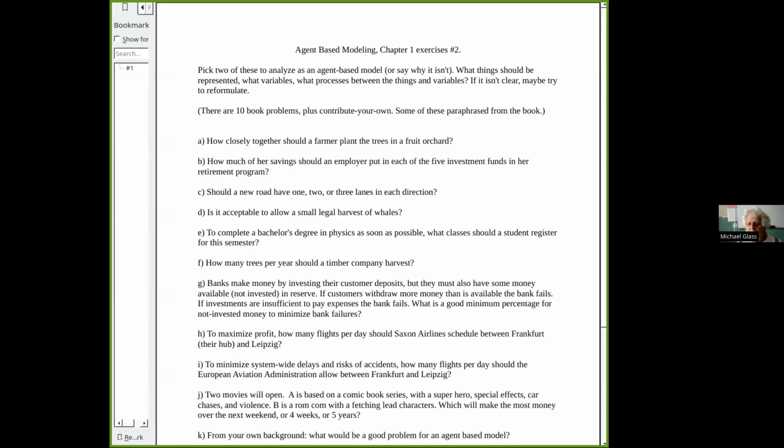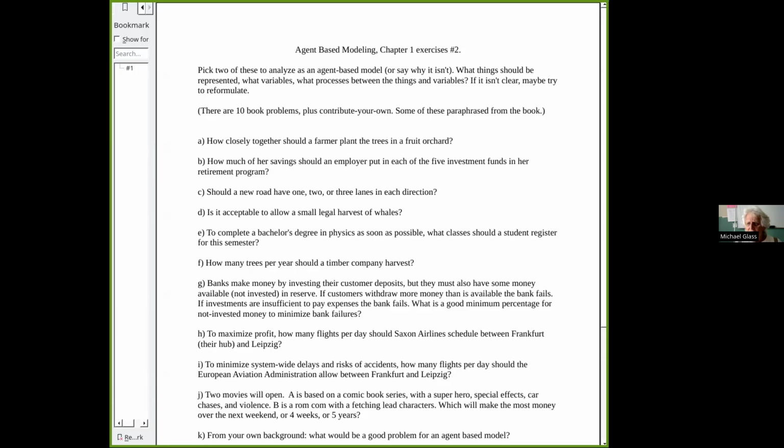This one, the authors point out, is going to be really hard because you need to define acceptable. So they suggest this one is probably not going to be really an agent model thing. So anyway, that's the kind of thinking that goes through these problems.